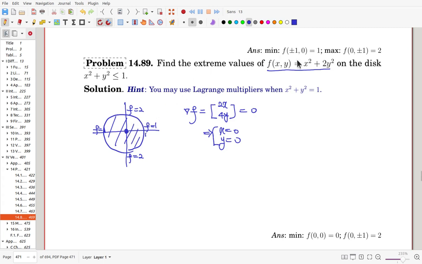Now at the point x is 0, y equals 0, f value must be 0. So among these extreme values, the smallest one is 0 and the largest one is 2, so the minimum is 0 and the maximum is 2.